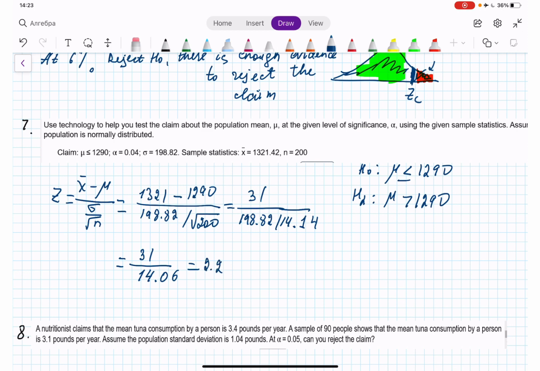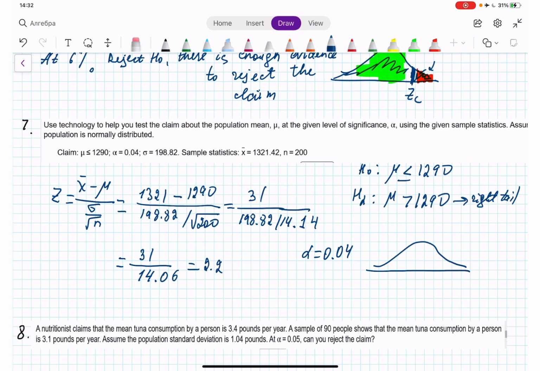Now we need to get our critical value. So to find the p-value, we have to find the critical value, right? To find the critical value, we are going to use our alpha, that is equal to 0.04, and we have a right tail. Here are two ways you can calculate your critical value.